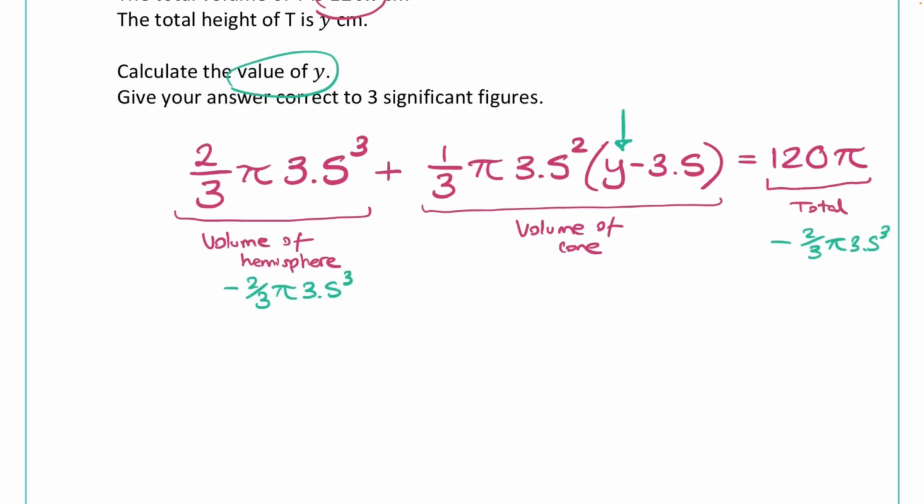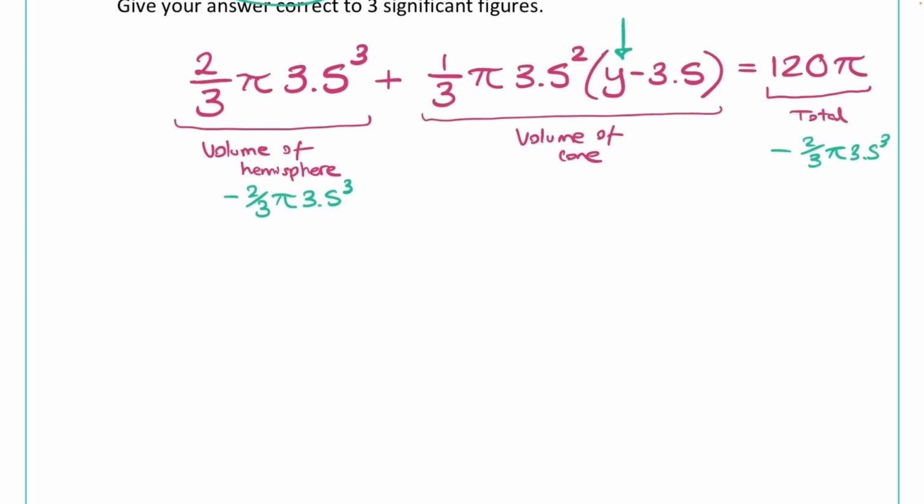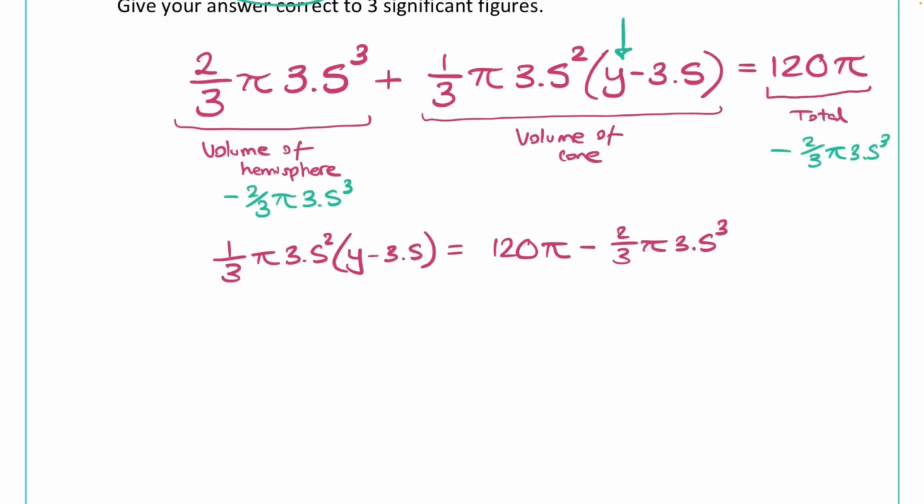I'm going to write this out a little different when we come to the point of putting it in a calculator. So that leaves me with 1/3 pi 3.5 squared with my height y minus 3.5, and that's equal to 120 pi minus 2/3 pi times 3.5 cubed.